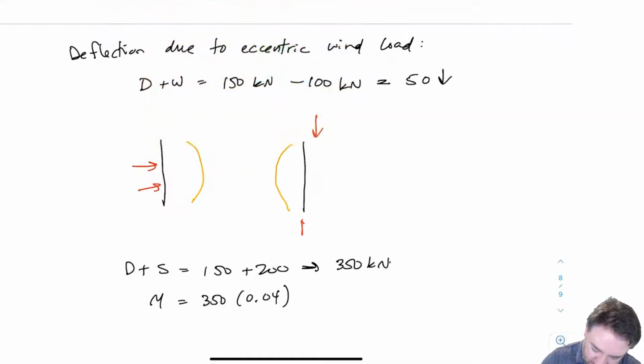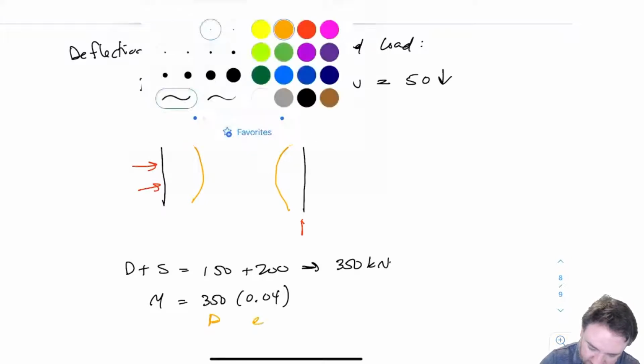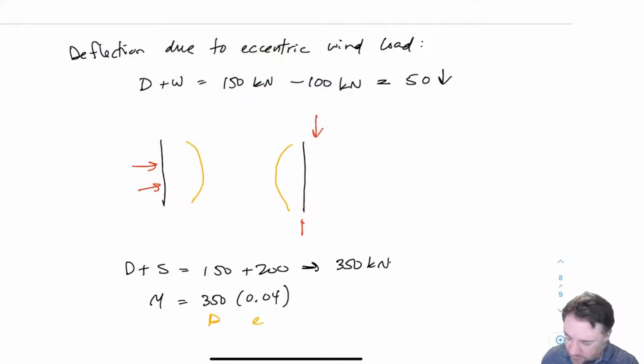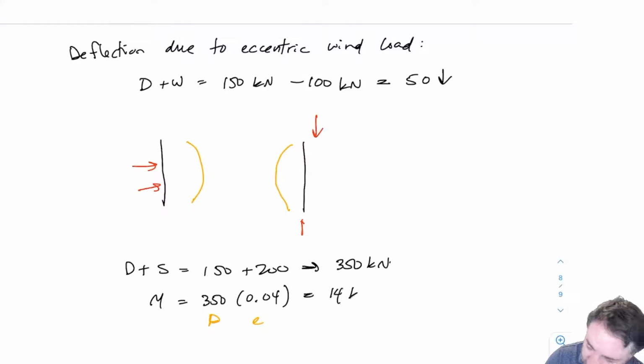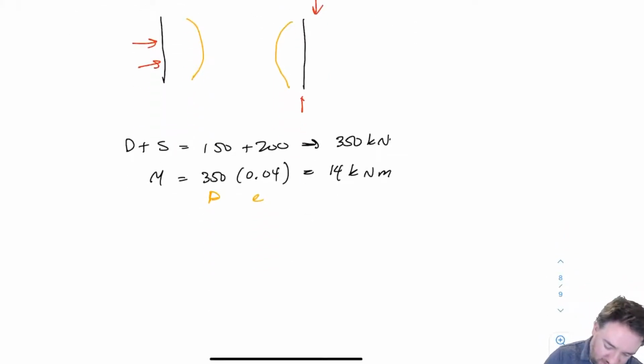So this is the load, P, this is our e. So we get a moment of 14 kilonewton meters. And the deflection for that is basically looking at what's the deflection for a moment.